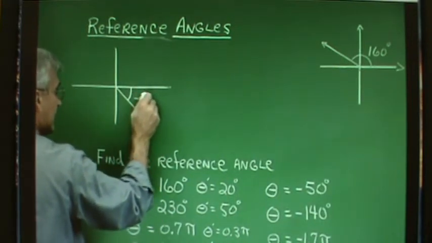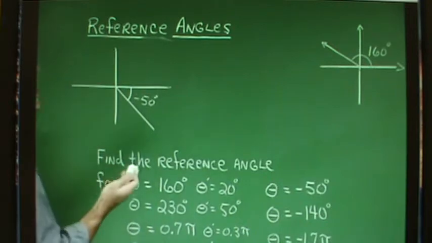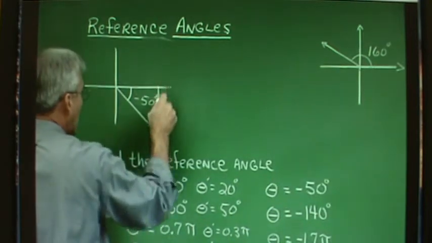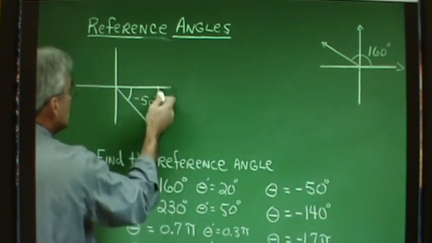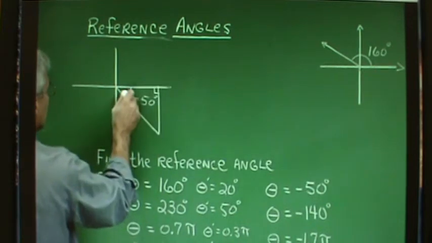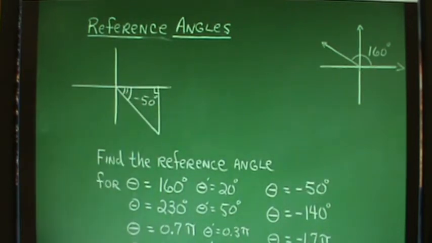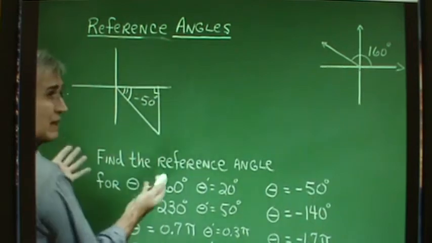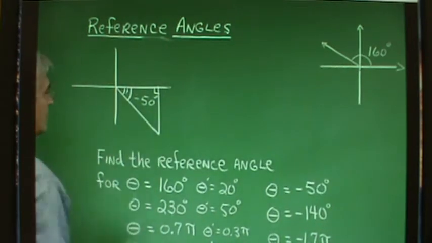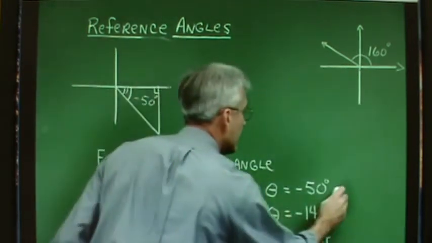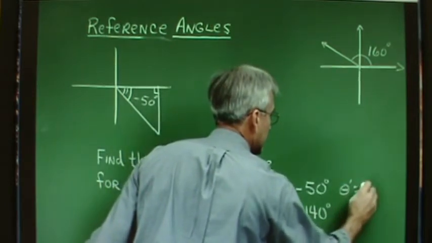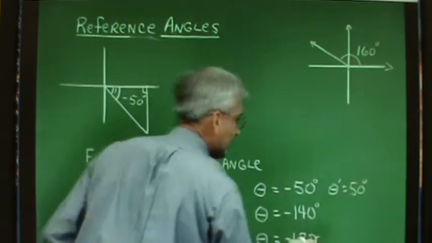This is a negative 50 degree angle, but for our reference triangle, all we want is this angle. And when we talk about triangles, we talk about positive angles, so it's just a 50 degree angle. So theta prime is 50 degrees. That one's pretty trivial.